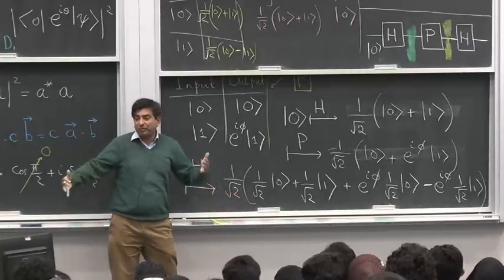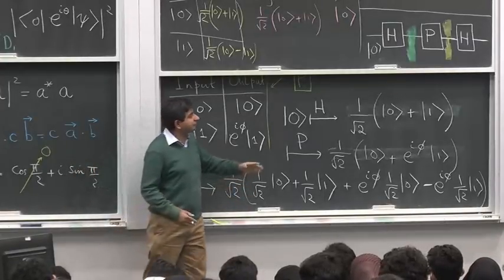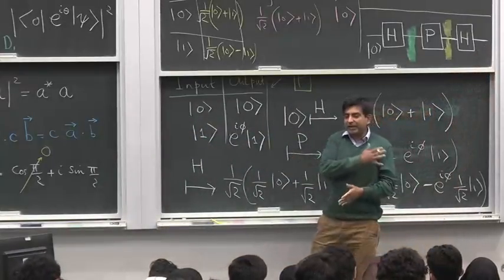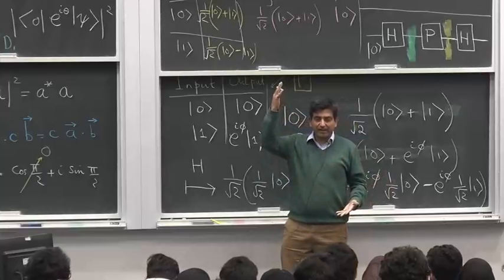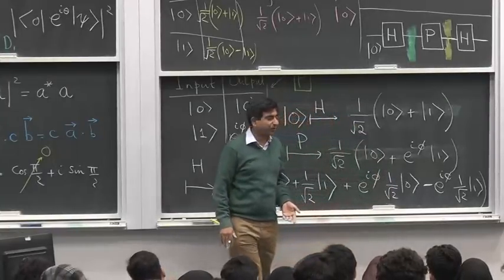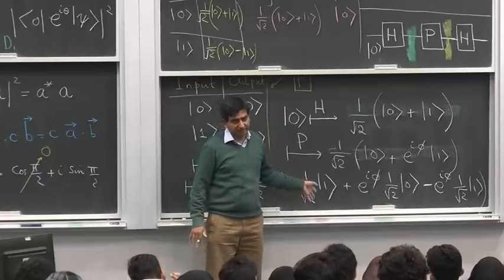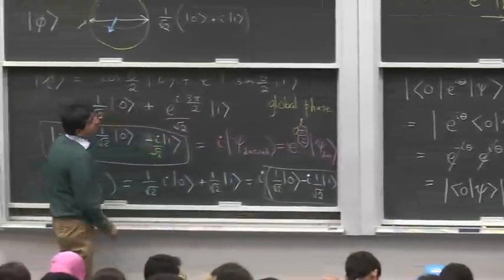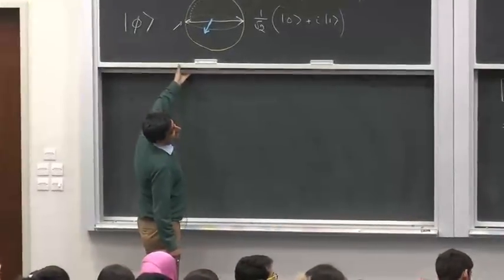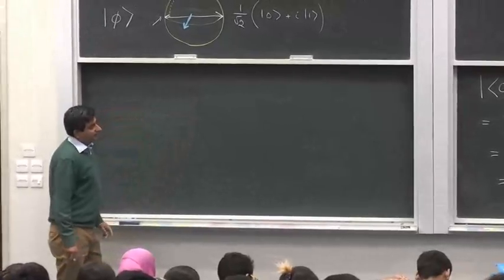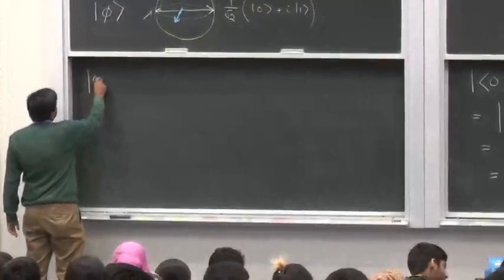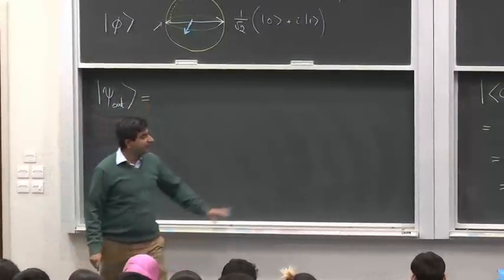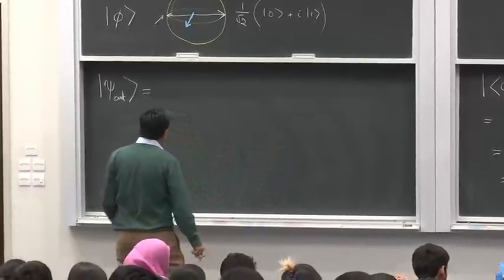Now let's find out the probabilities. If I have two detectors placed here, one of them overlaps onto the ket 0 channel, the other onto the ket 1 channel, I would like to find out the probabilities. But let's simplify this state a little bit. Something entirely interesting is happening here. It's so fascinating. So the output quantum state, let me factor out, multiply out the 1 over root 2's, I get 1 half.